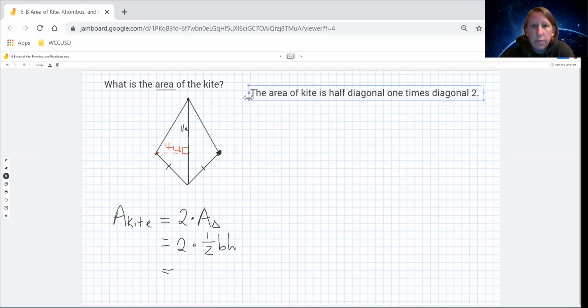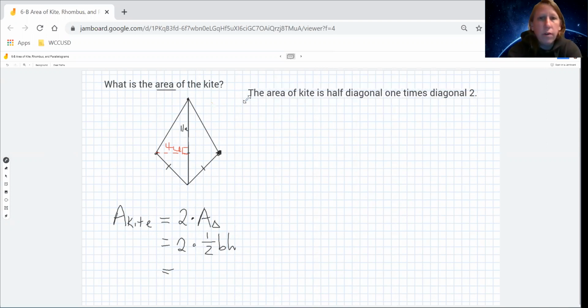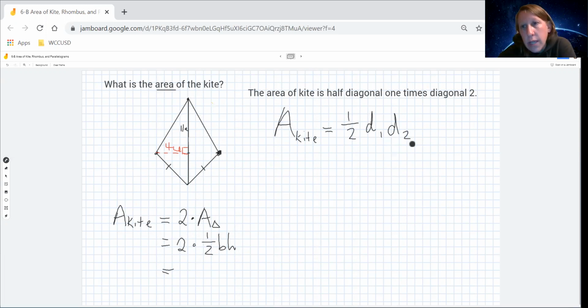Very cool formula. Here's how you would write it with math. I would write the area of a kite equals half, and then we would use d subscript 1, d subscript 2. So d1, d2 is usually how I would read this. The area of a kite is half diagonal 1 times diagonal 2.